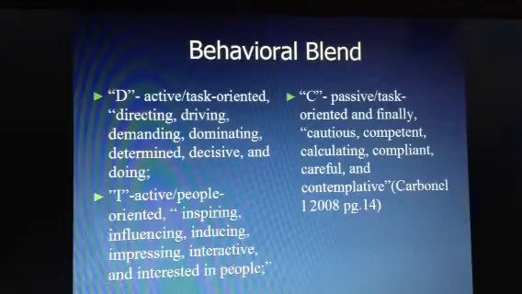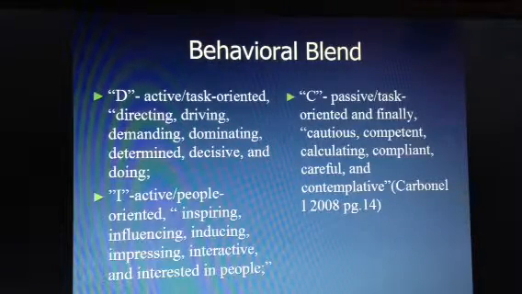My behavior blend: I stated that I was DI and CI, which basically consists of the D type, which is an active, task-oriented person: directing, driving, demanding, dominating, determined, decisive, and doing. The C type is a passive, task-oriented person who is cautious, competent, calculating, compliant, and careful.